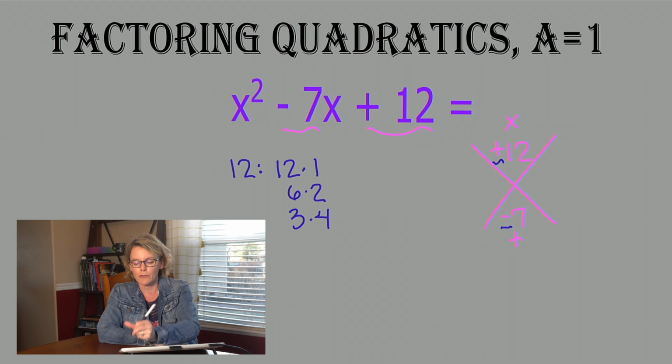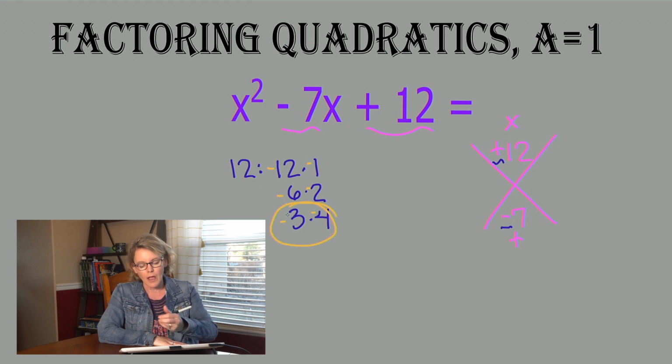So using that information, can you see which of these terms, if they were both negative, would add up to equal negative 7? You can see it right here, the negative 3 and the negative 4. I'm going to go ahead and put those right here to keep things organized.